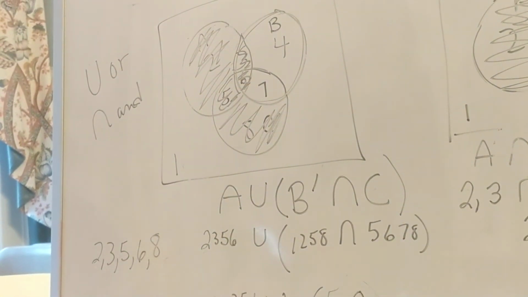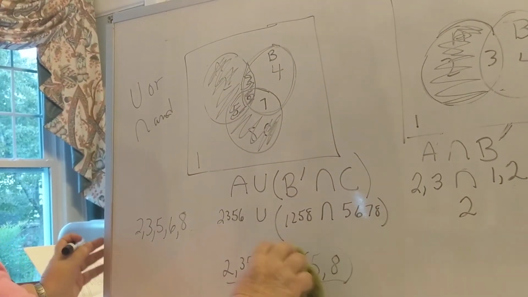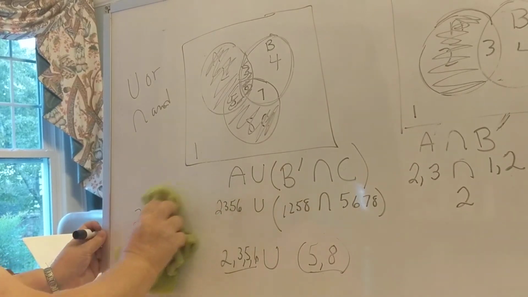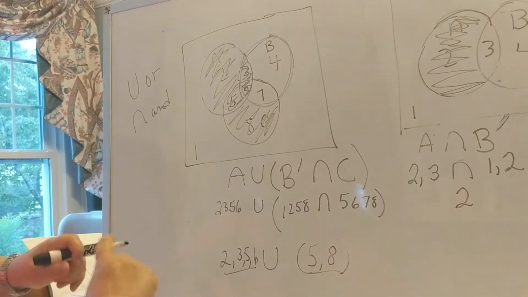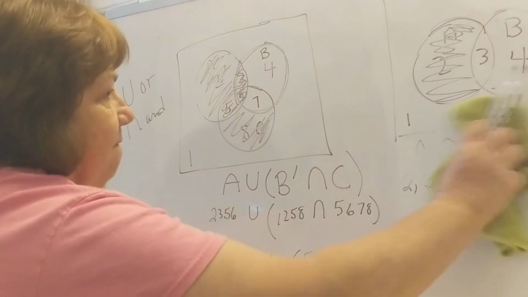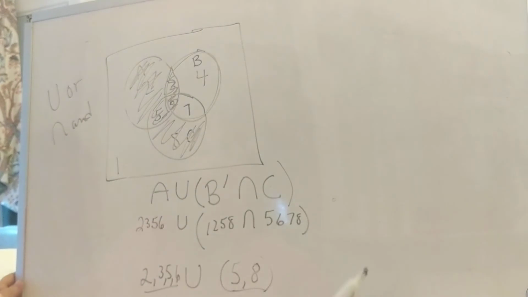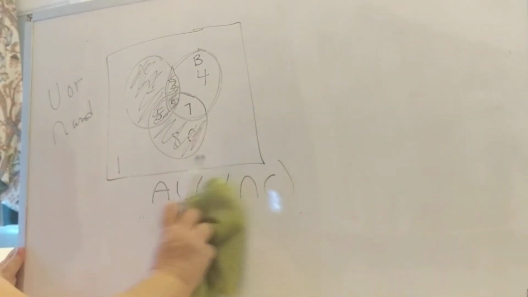Now, what if those parentheses had been on the first 2 instead of the second 2? Do you think we'd have gotten the same answer? So what I want you to try, I'm going to erase this, I'm going to let you do it all over.